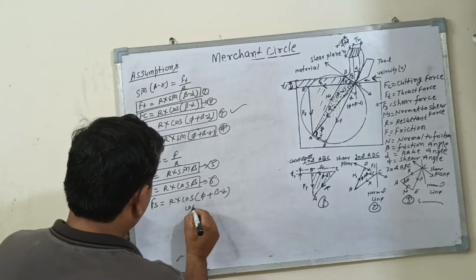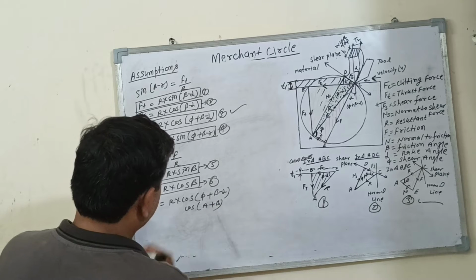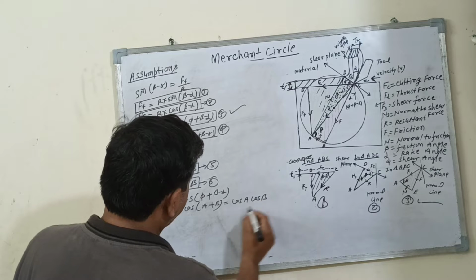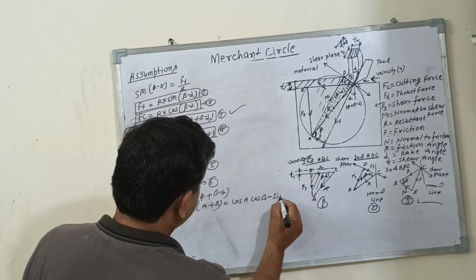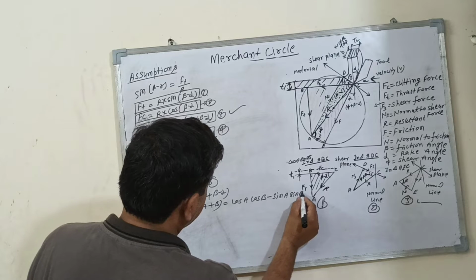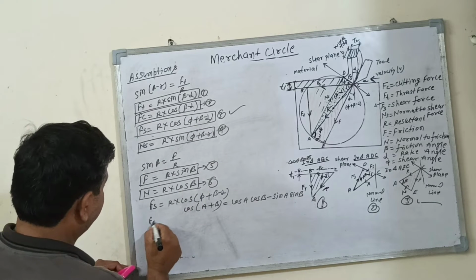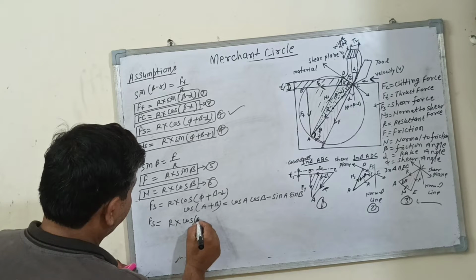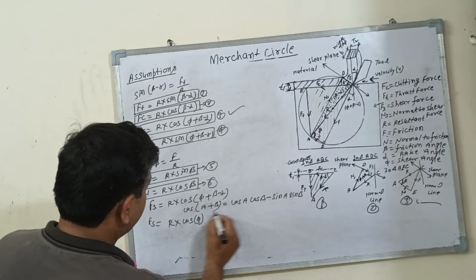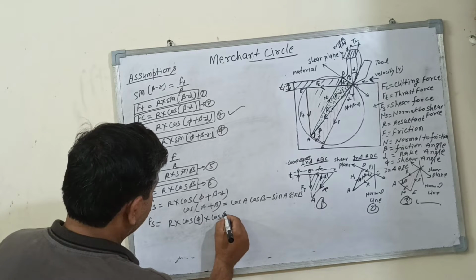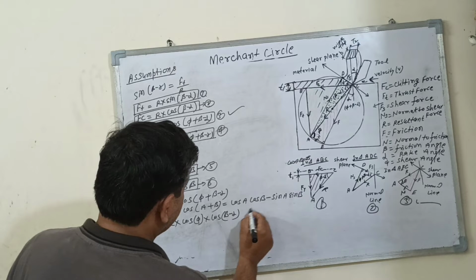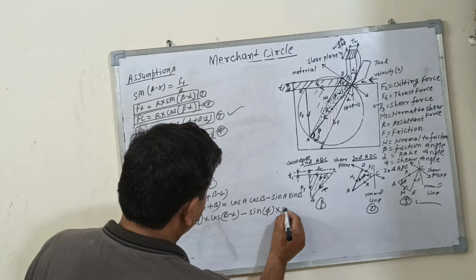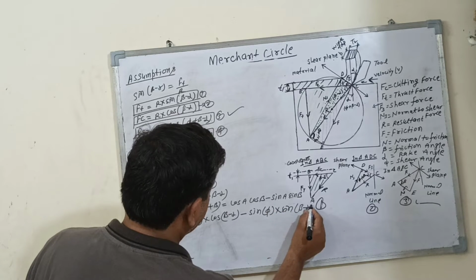So here, cos(a + b), apply the formula cos a cos b minus sin a sin b. Put the value of a here: R is equal to cos phi into cos(b − alpha) minus sin phi into sin(b − alpha).